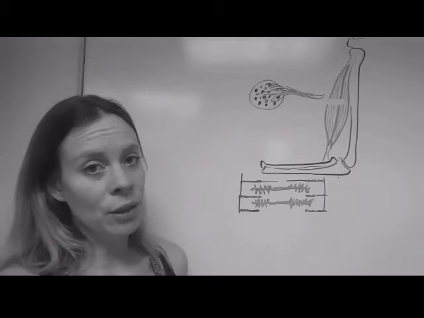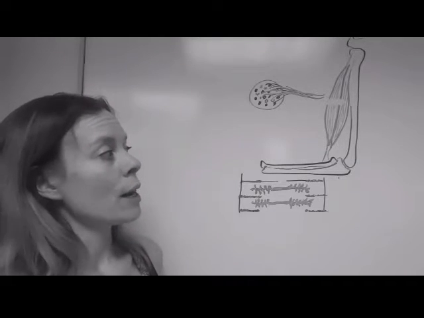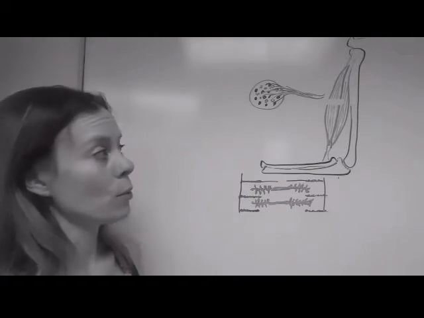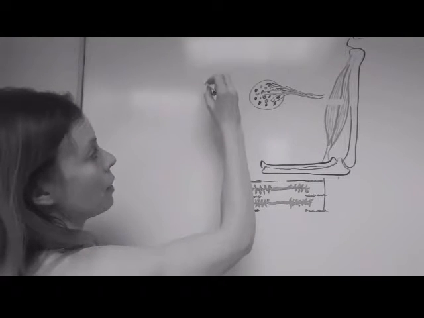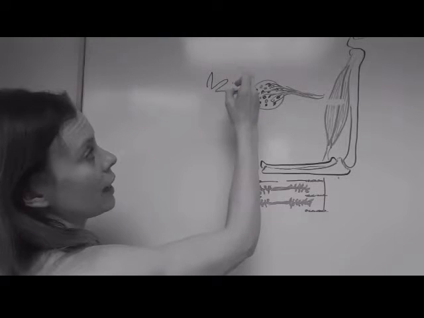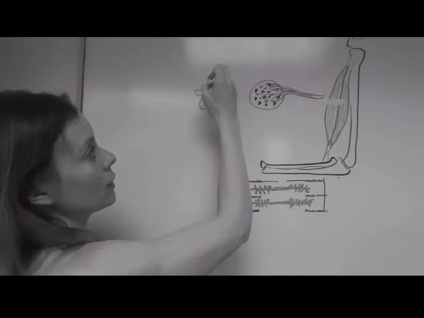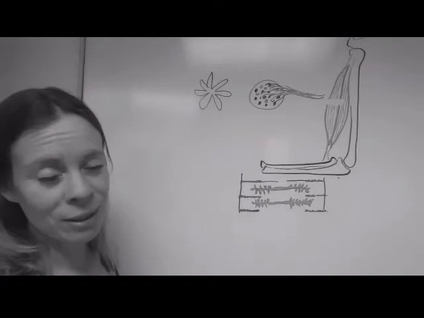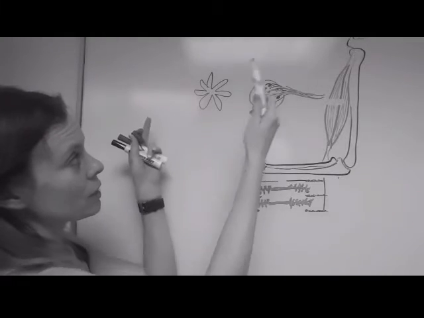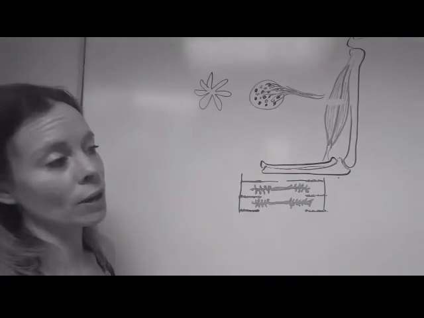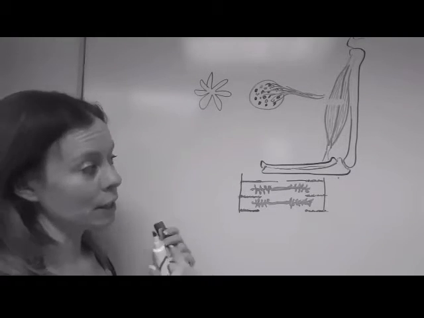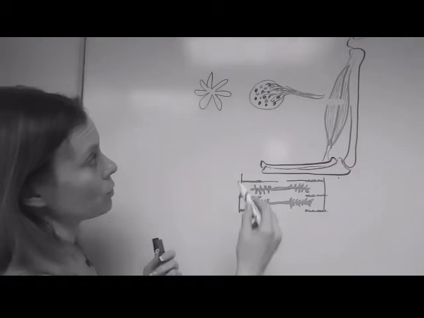So when you get down to the cellular level for your nervous system, we're talking about a motor neuron. A motor neuron is going to have dendrites, and I'm going to make mine look kind of like a flower because I like doing it that way. Those dendrites take in the information from outside, from your brain, and then they transmit that to the muscle cell.